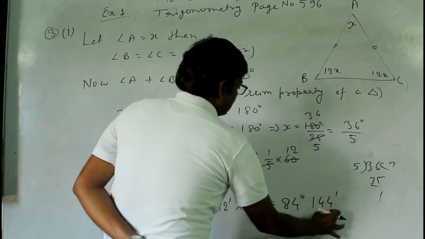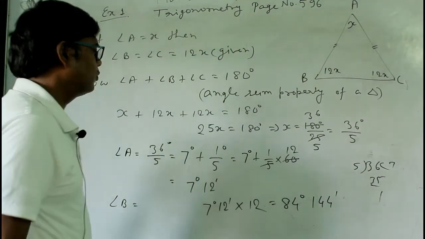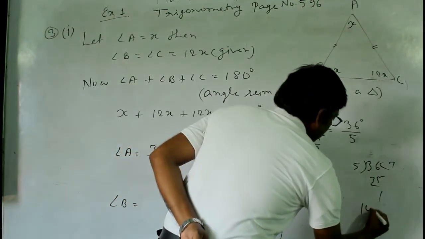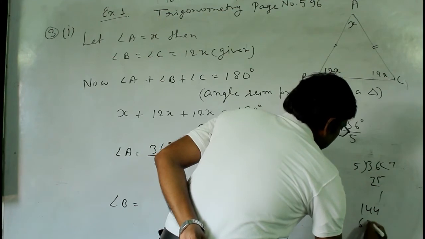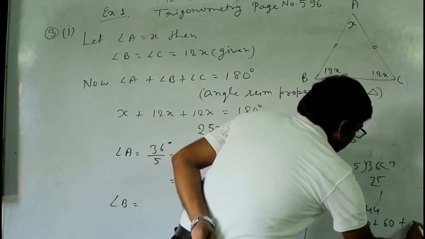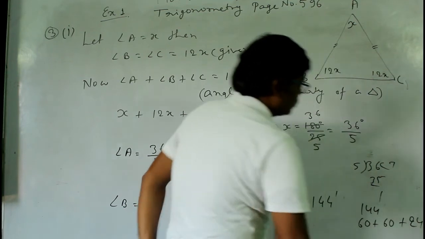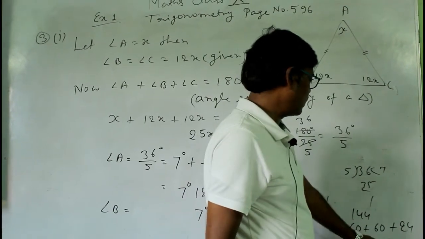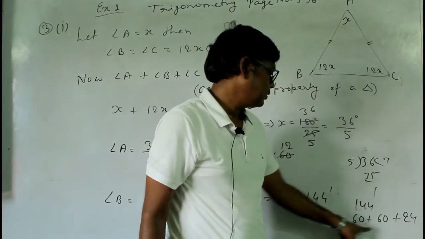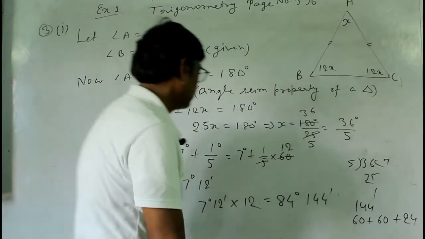Now remove 60 or 120 from the 144. You can write this as 60 plus 60, that is 120, 120 plus 24 equal to 144. So this is 2 degrees and 24 minutes.